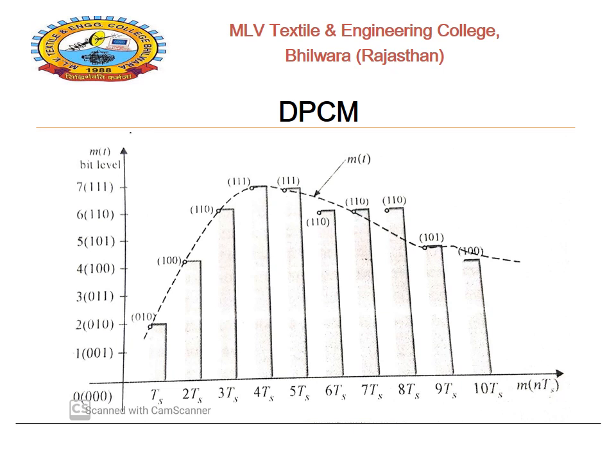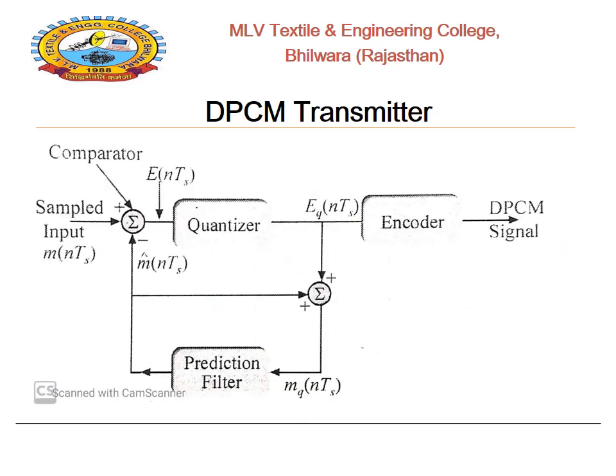Next, consider the DPCM section. The DPCM transmitter works on the principle of prediction. It consists of a summer, quantizer, encoder and prediction filter. The sampled input is given to the summer, which is connected to the quantizer.